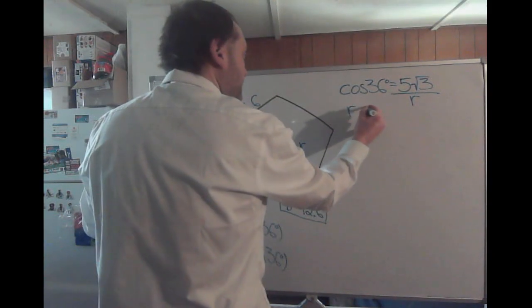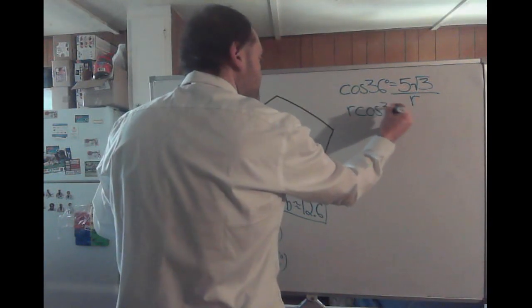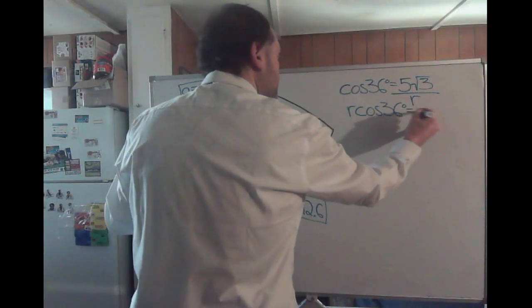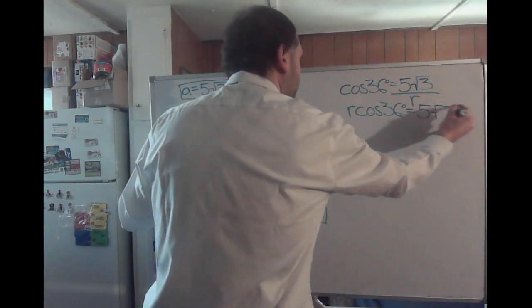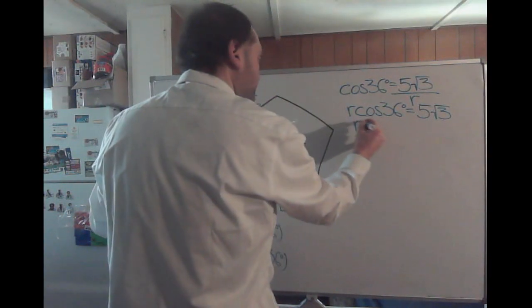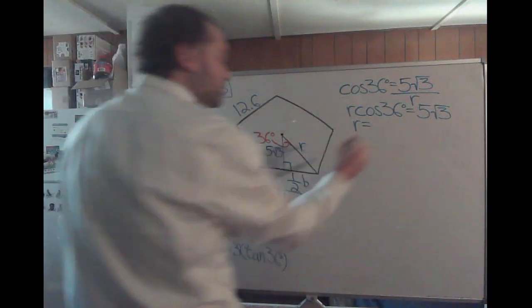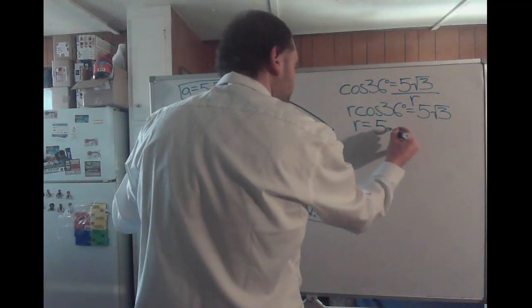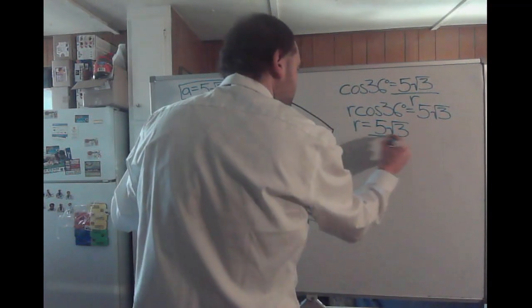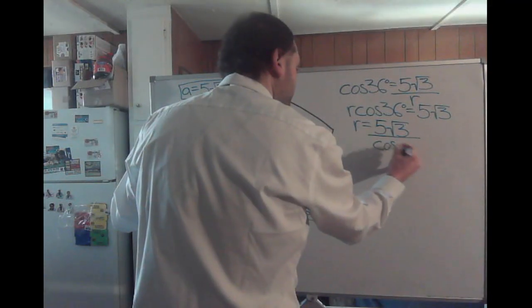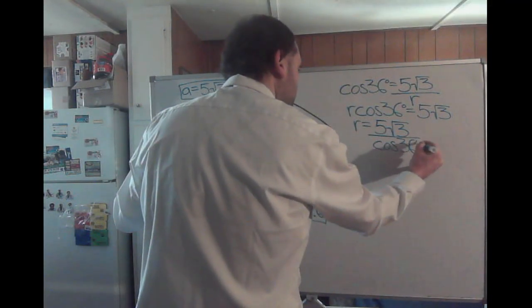So then you have radius times the cosine of 36 degrees is equal to 5 times the square root of 3, which means the radius is exactly equal to 5 times the square root of 3 divided by the cosine of 36 degrees.